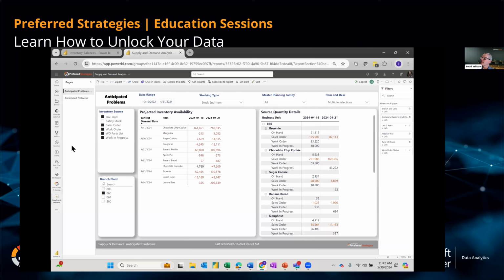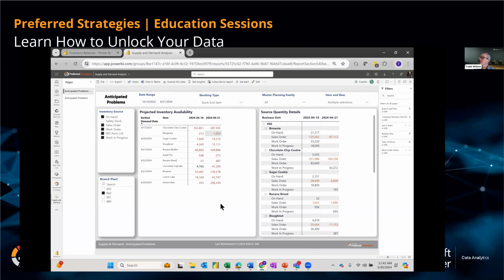And you can see in this case, this is food manufacturing that makes a number of different products. Fictitious data, obviously, but we've got a number of different items across a series of dates that are suddenly exception based. So we're getting notification here because there's going to be an availability shortage.